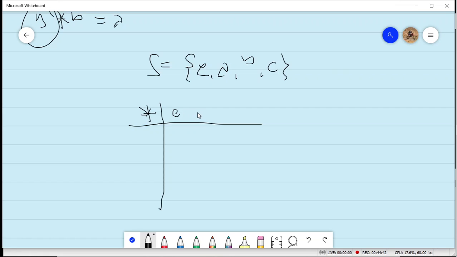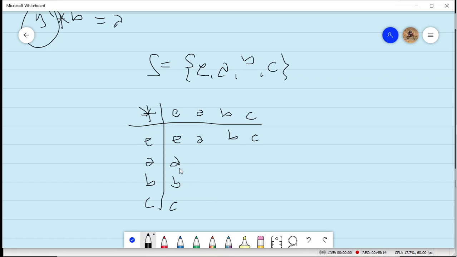So we have the elements E, A, B, and C. Now, by definition of E, again, the result here should be E, the result here should be A, the result here should be B, here is C, the result here should be A, here it should be B, here it should be C.